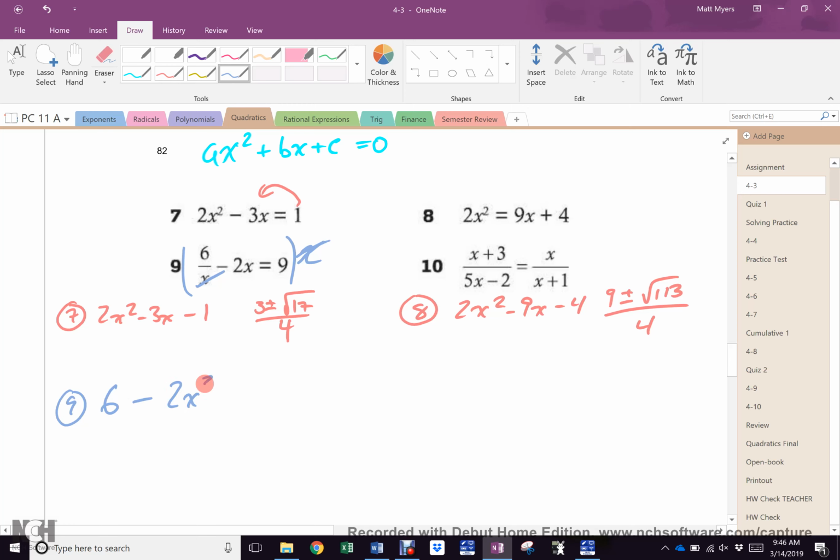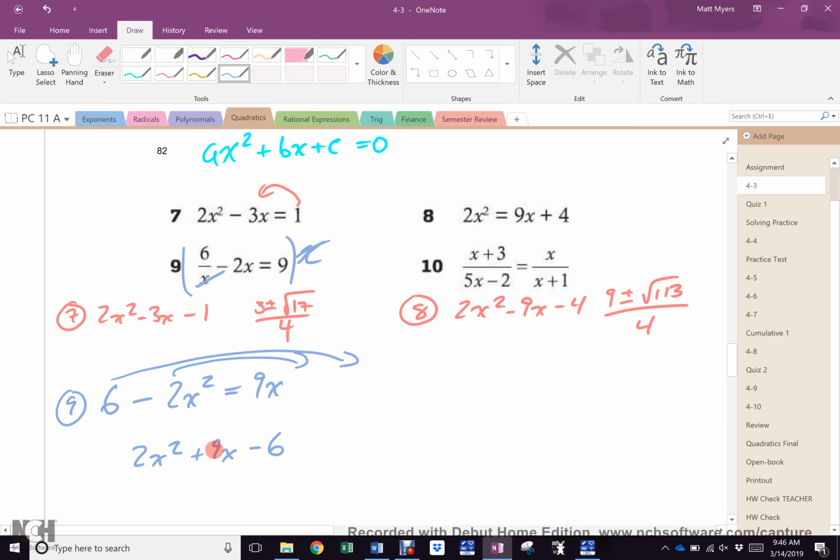Minus 2x squared equals, what's 9 times x? 9x. Now make this look like this. Bring that over, bring that over. 2x squared plus 9x minus 6. And now we're easy peasy lemon squeezy because we've got ABC there. All right, now, if you didn't do these questions, now you can. I expect you to do that.